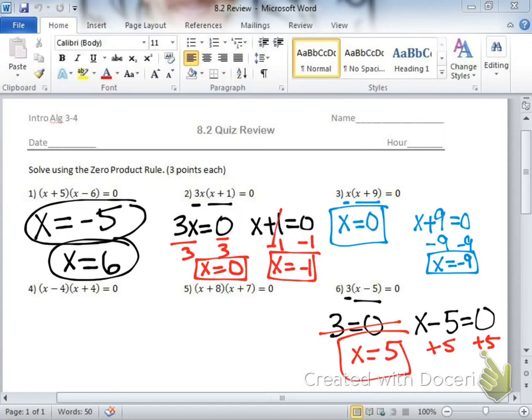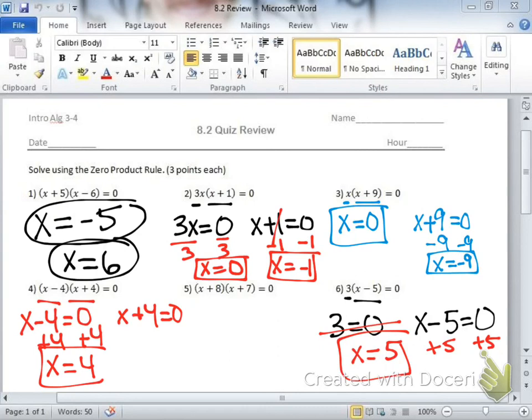Alright, let's jump back and fill in these two. These are pretty standard type problems. Either the first one equals 0 or the second one equals 0. 0 plus 4 equals 4. And 0 minus 4 equals negative 4.